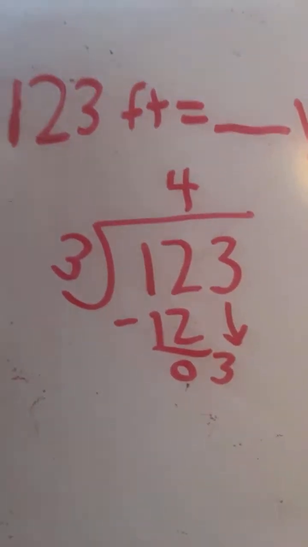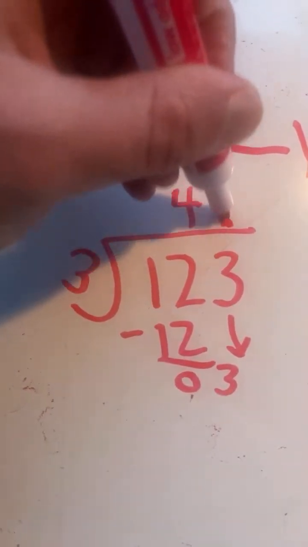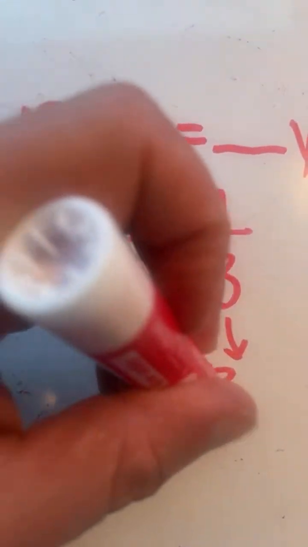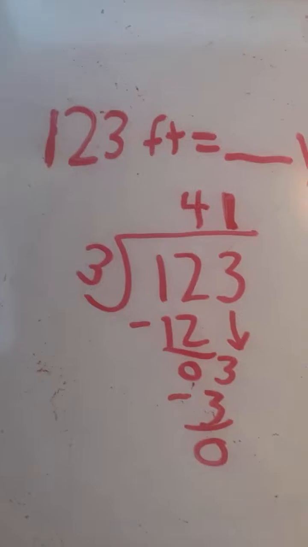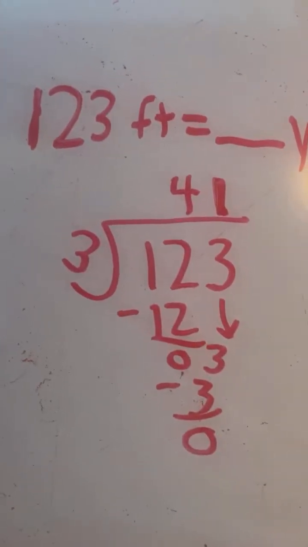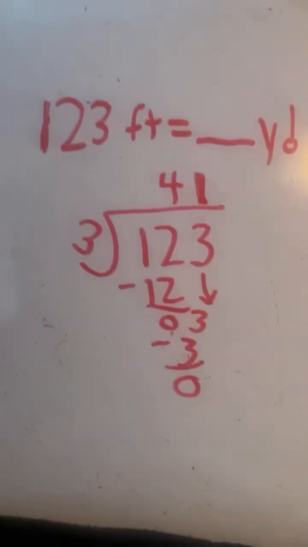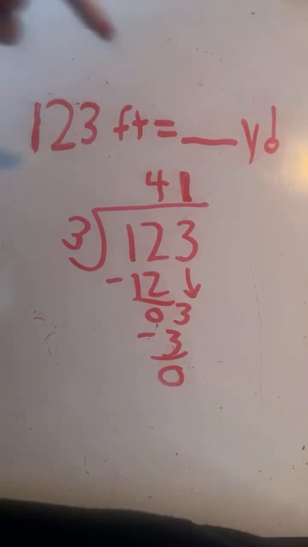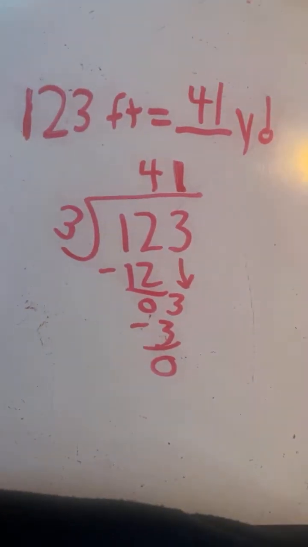Three divided by 3 equals 1. 3 minus 3 equals 0. And we have our final answer. 123 divided by 3 equals 41. 123 feet converted to yards would be 41 yards.